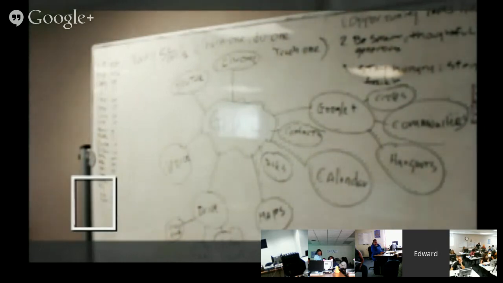Okay. So under accounts and import, these are all of the different email addresses that I can send from. 1, 2, 3, 4, 5, 6, 7, 8, 9. There's 9 different email accounts that I can send from.